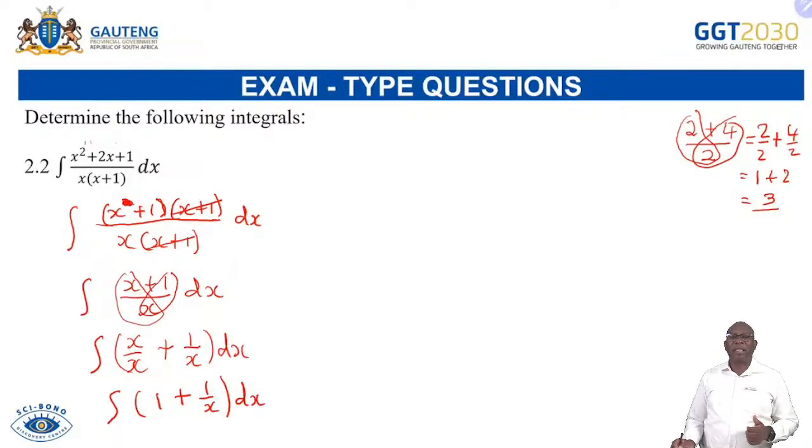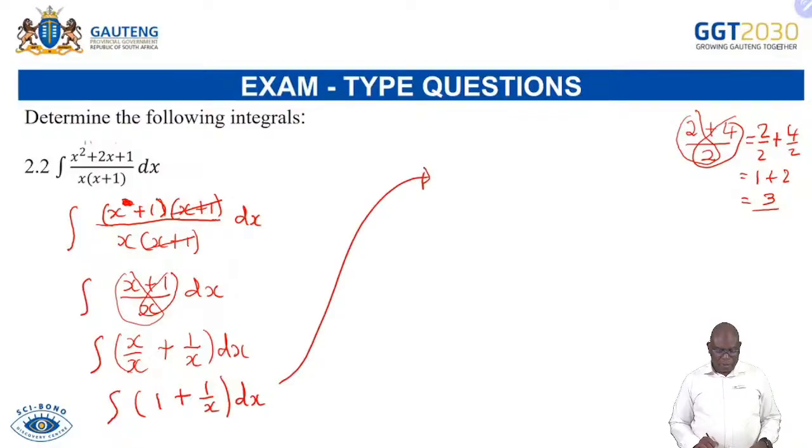Then I can see I cannot simplify this further. So I need to integrate. Then for me to integrate this, I'll then say, now this is equals to. Remember, 1 is the same as x to the power of 0, right? Then I know that this is plus ln x, and that is plus c.